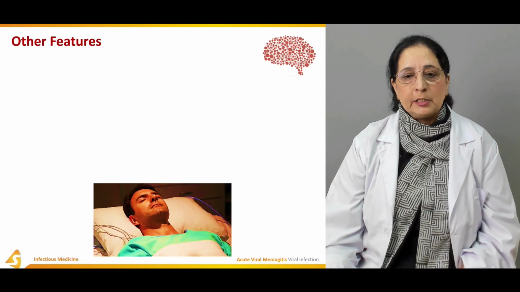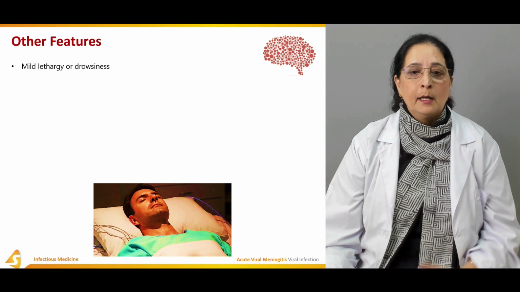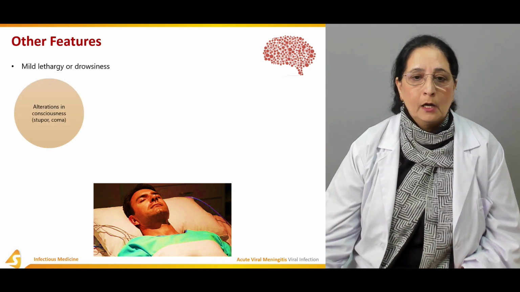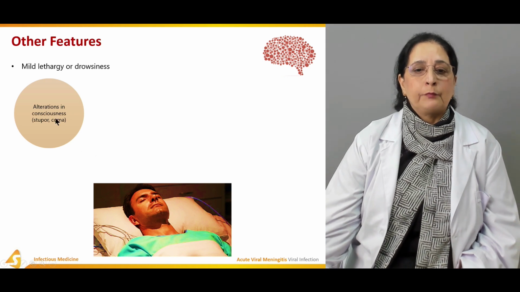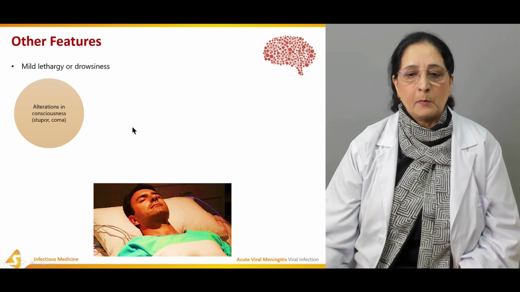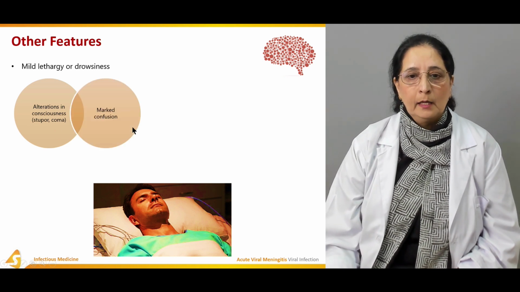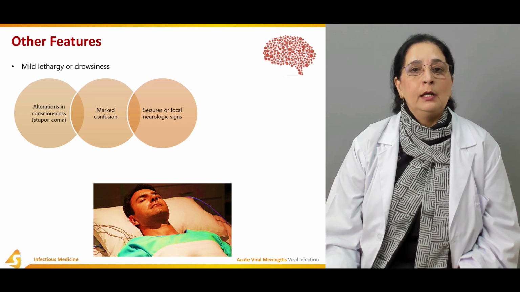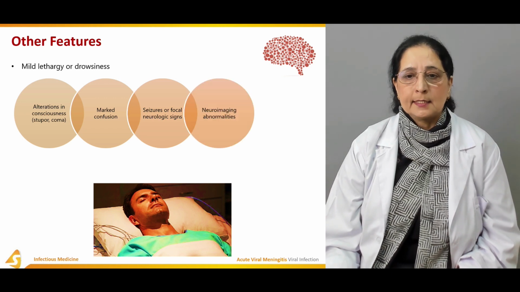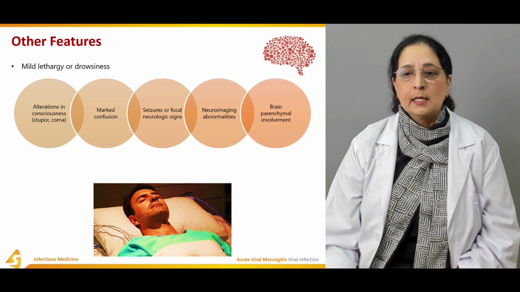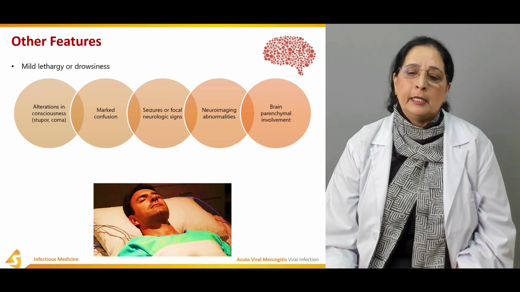Some other features are mild lethargy or drowsiness. Alteration in the level of consciousness can be present, stupor or coma. Mental confusion, seizures or focal neurological signs, neuroimaging abnormalities, brain parenchymal involvement.